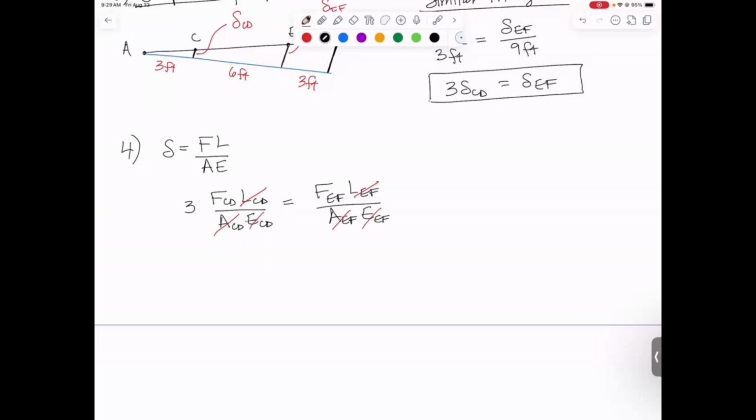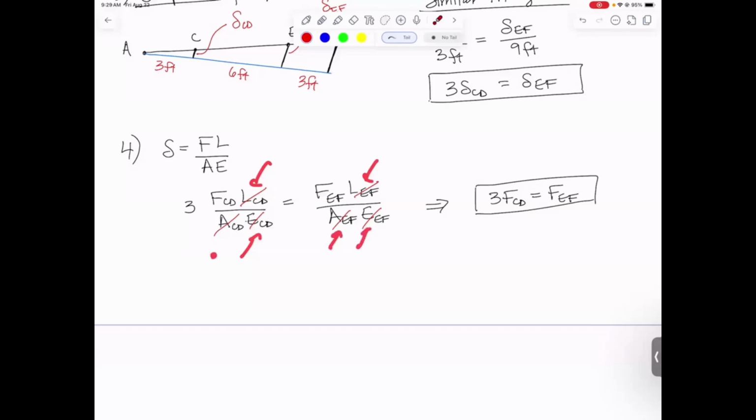So simplifying, this becomes 3 times the force in CD is equal to the force in EF. The math is super easy because those lengths, areas, and modulus values were all the same. If they were different, you'd need to plug in those different numbers into all of these spots and then simplify.